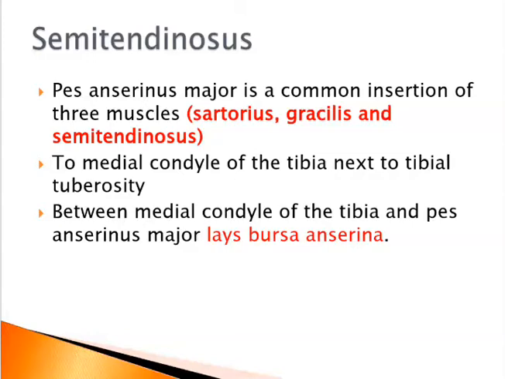This insertion is into medial condyle of tibia, that is next to tibial tuberosity. Between the medial condyle of tibia and pes anserinus major lies bursa anserina, that is for free movement of these muscles.